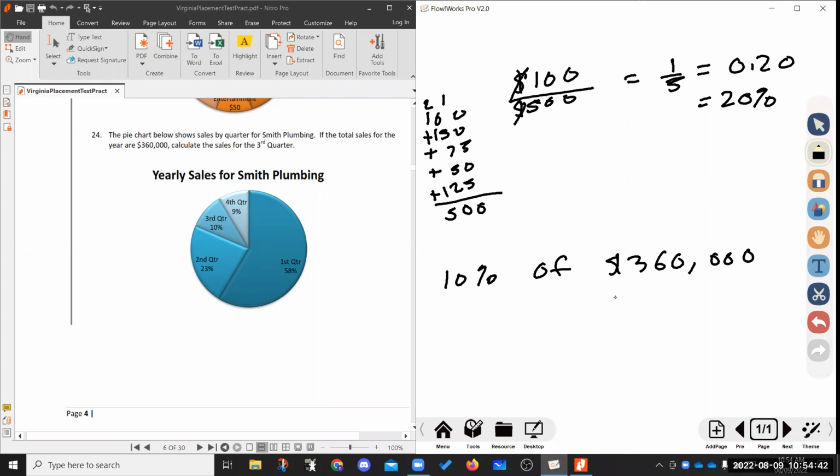That's 360,000 times 10%. We know that that's just going to shift the decimal place one place to the left. So this is going to be $36,000. When we multiply by a 10th, it's shifting the decimal place one place to the left. So there we go.